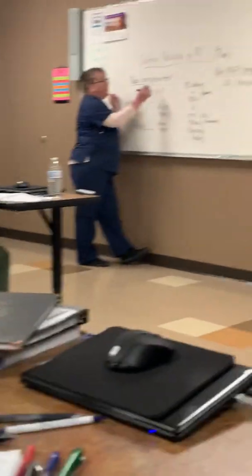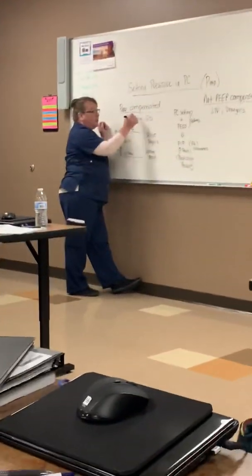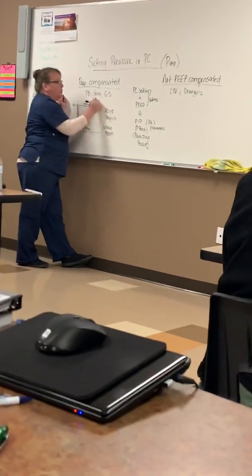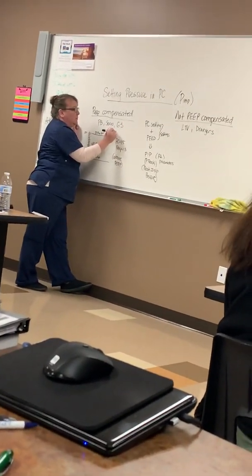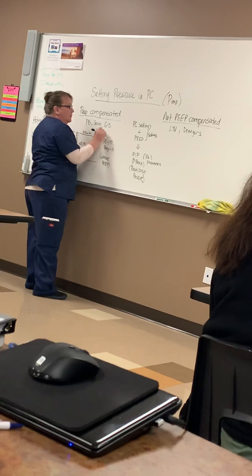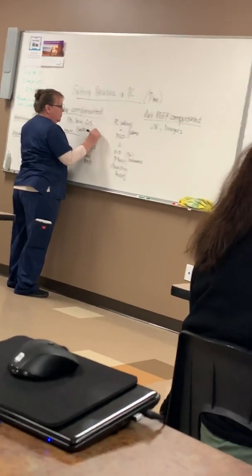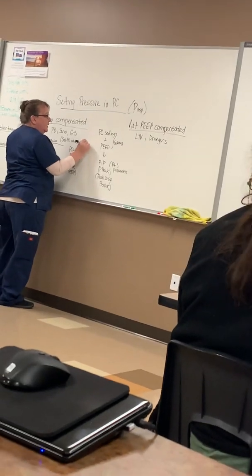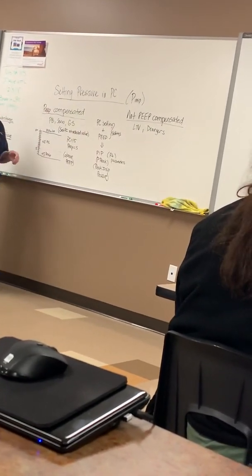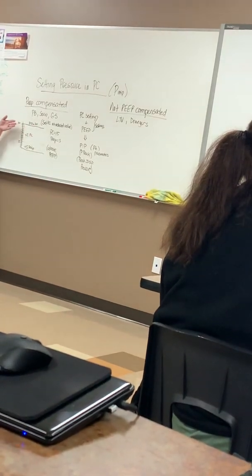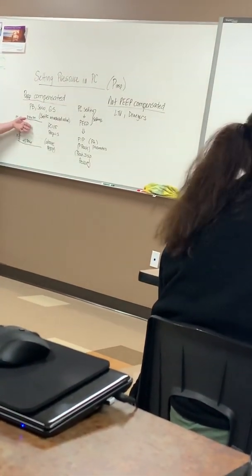So on these, if your ventilator's PEEP compensated, you set your pressure control at whatever you want it at. It could be ordered, it could be part of your protocol, whatever. If you want pressure control of 15 on these 3 vents, you just put 15 in.